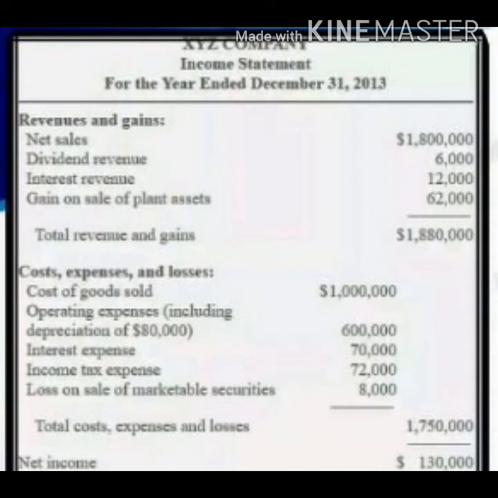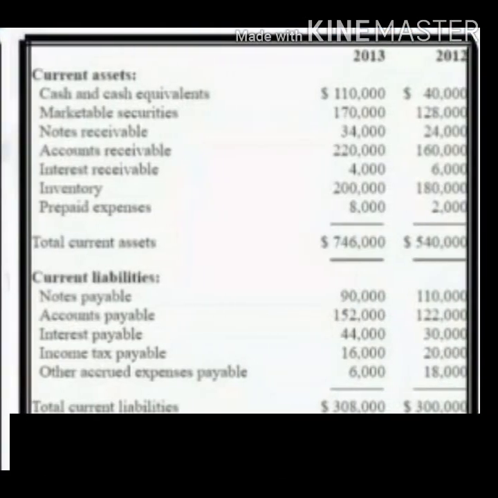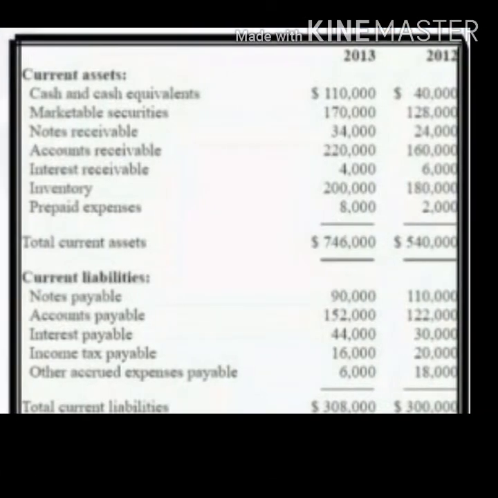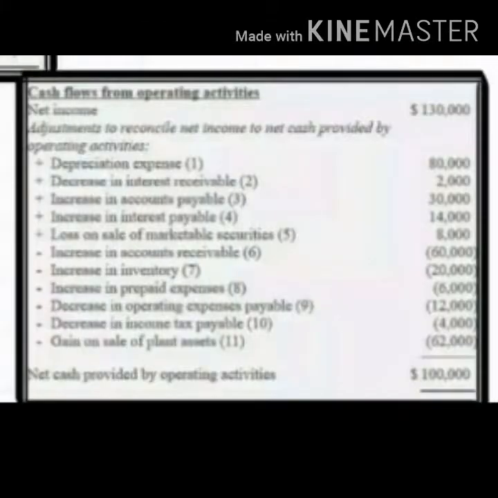In the income statement are the revenues and gains and the costs, expenses, and losses of the company. And in the balance sheet are the company's current assets and current liabilities.